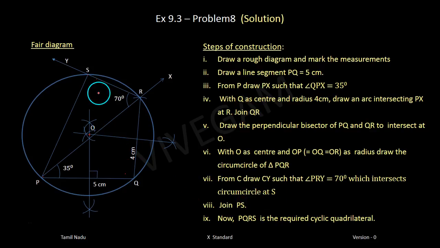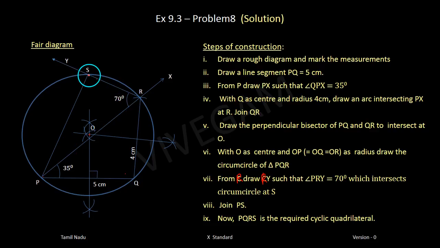Then from R, draw CY such that angle PRY is 70 degrees, which intersects the circumcircle at S. Actually, it's not from C. It is actually from R. It's a mistake. From R, draw an angle PRY, which is 70 degrees, or draw a line RY at an angle of 70 degrees with PR.